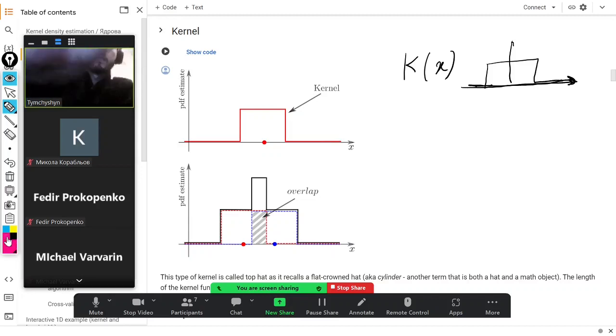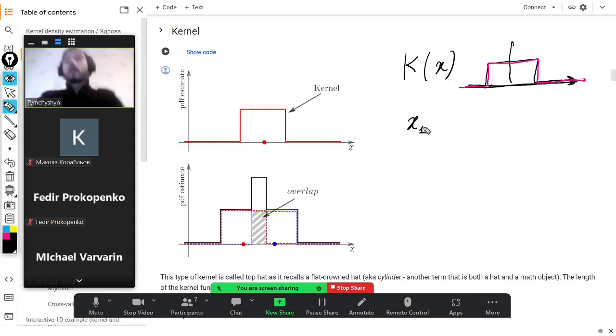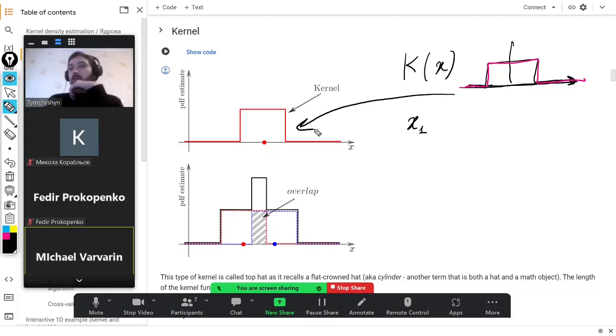So, let me draw that in red. Suppose I have a data point x1. How do I get this picture from this picture? What should I do? Translate the curve?